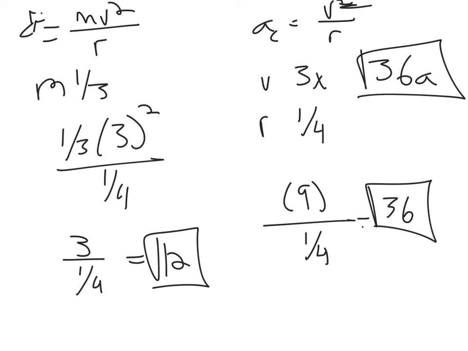So that is 12 times the original net force. If it was F, then it would now be 12F. If it was 10, it would now be 120. We just multiply those two things together, whatever that original is.